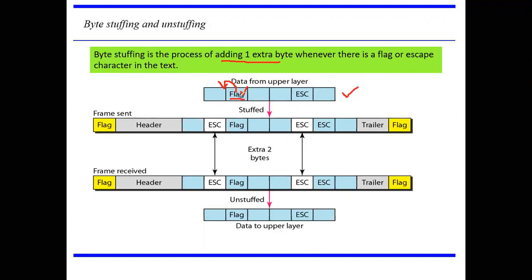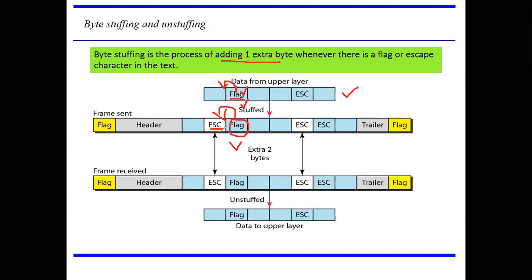See here, there is a flag, and before that something is added, which is called the escape. This escape character is also in terms of characters, and the flag also is in terms of characters only. This is how the flag pattern is avoided in the data.